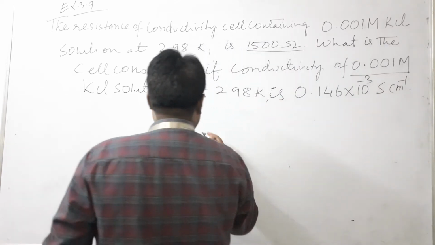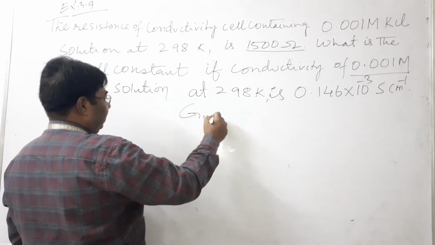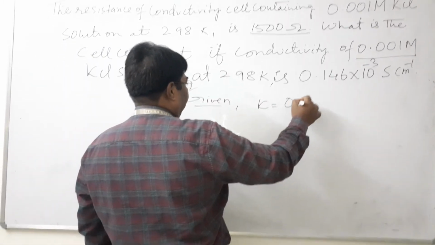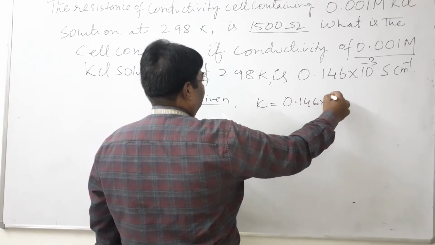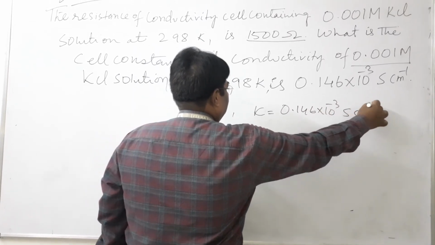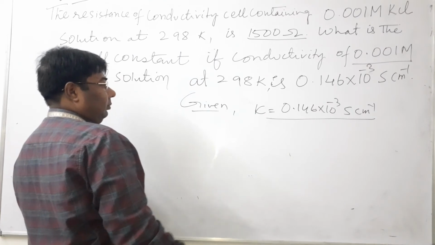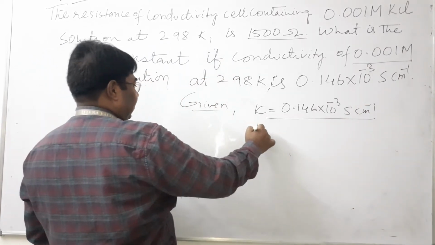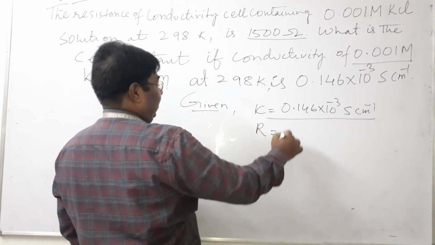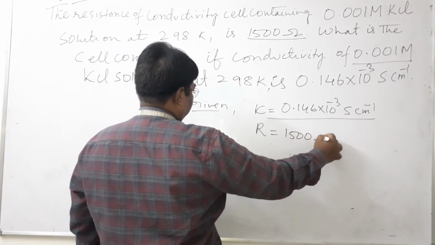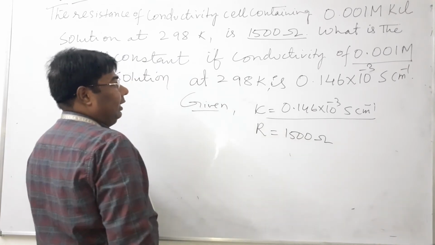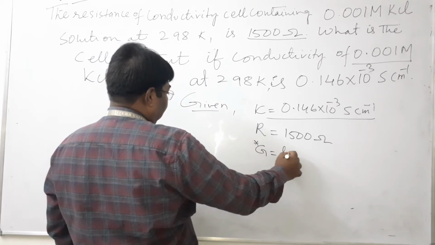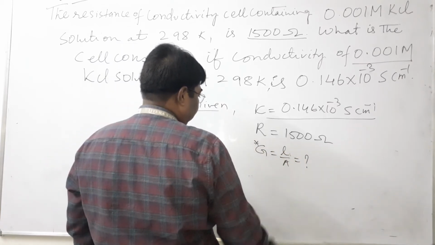So in this question, two things are given. Number one, conductivity, 0.146 into 10 to the power minus 3 Siemens centimeter inverse, and resistance is also given, which is 1500 ohm. We need the cell constant, G star, or L by A.